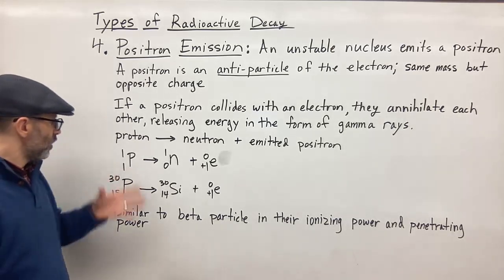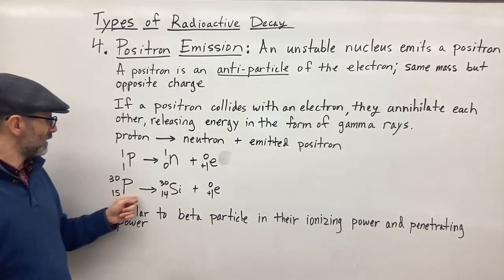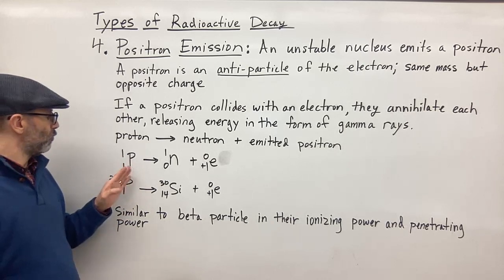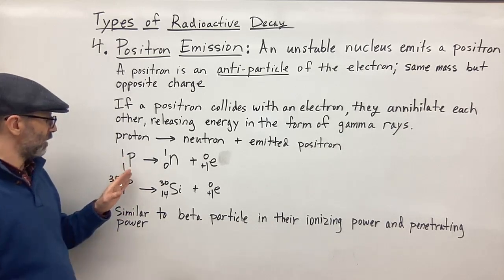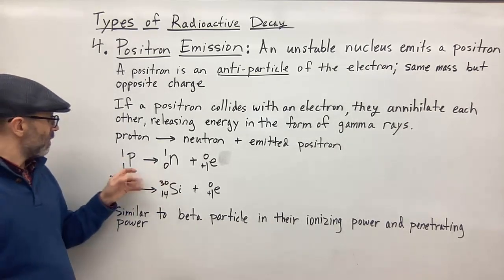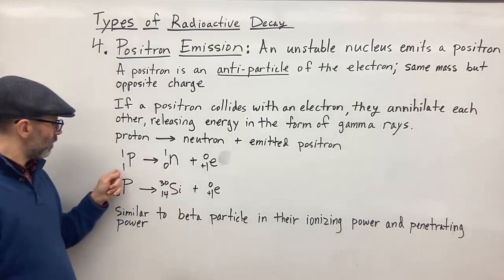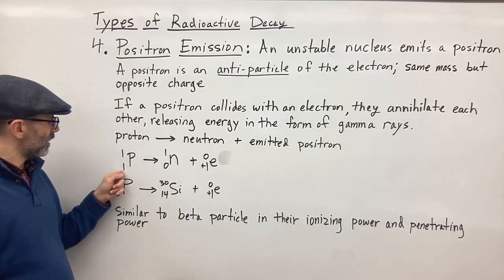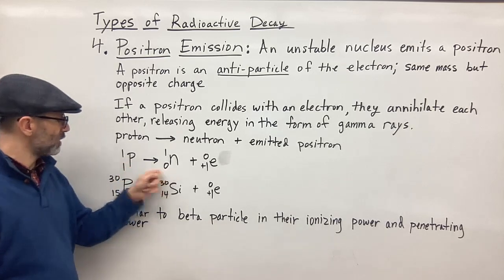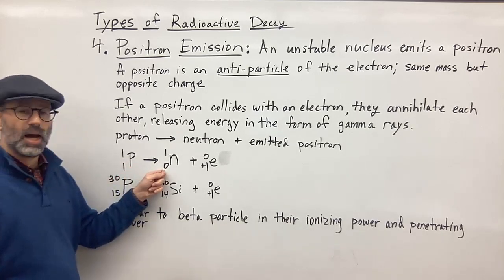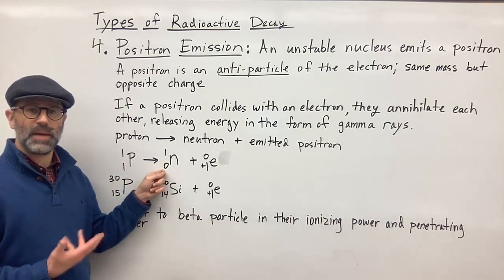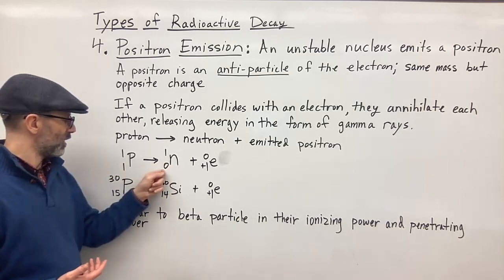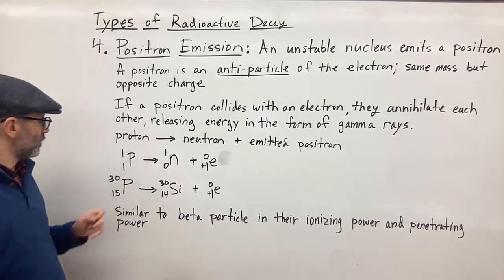So here you can see that when you do a positron emission, the bottom number, the atomic number, is going to decrease.